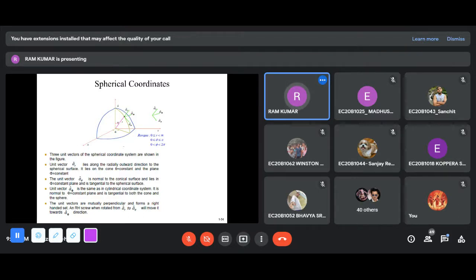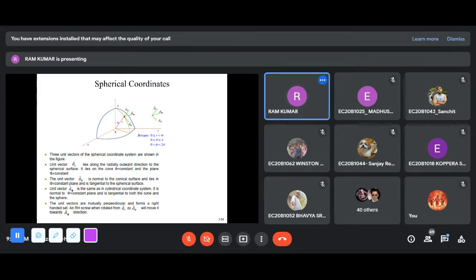Similarly, we use unit vectors in the spherical coordinate system: the a r vector, the a phi vector, the a theta vector. Why do we go for this?